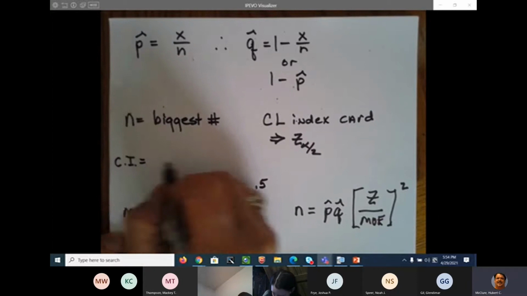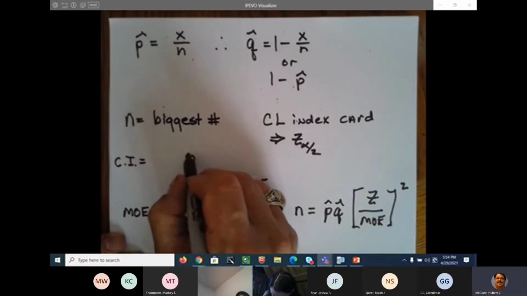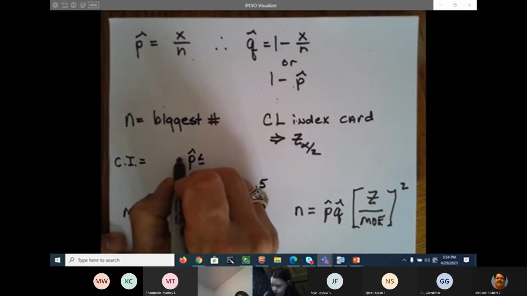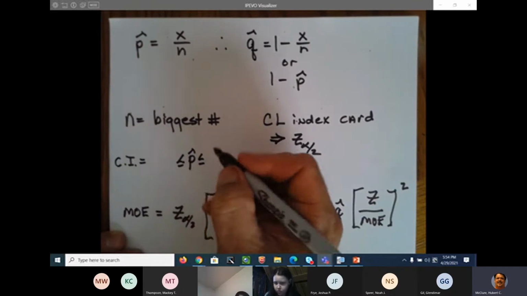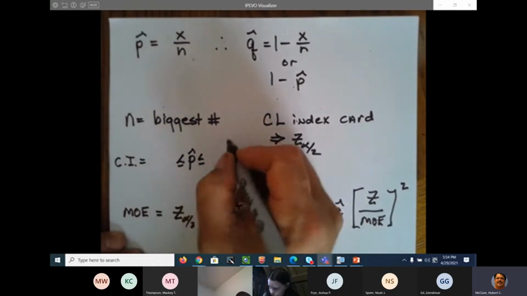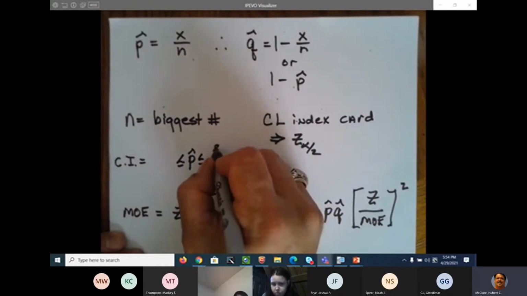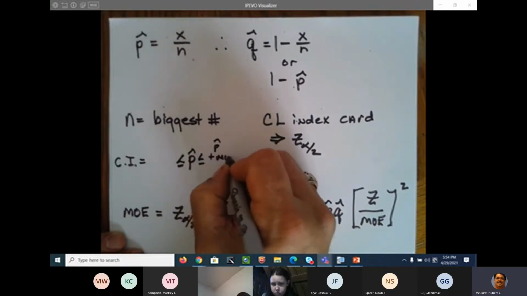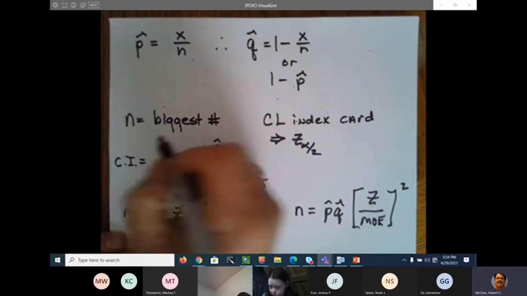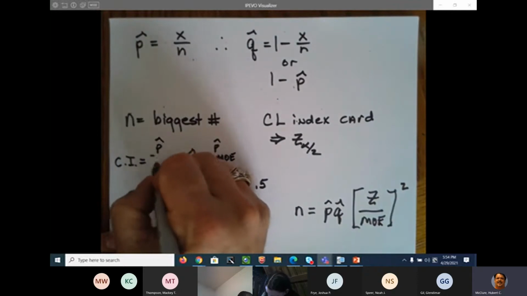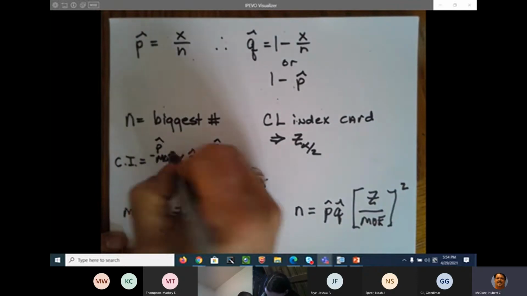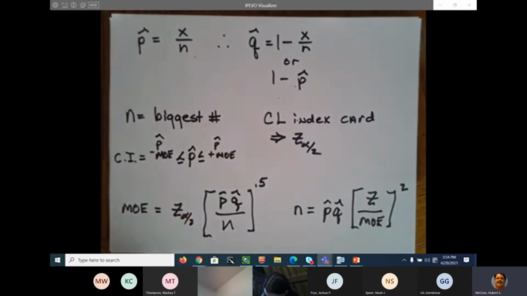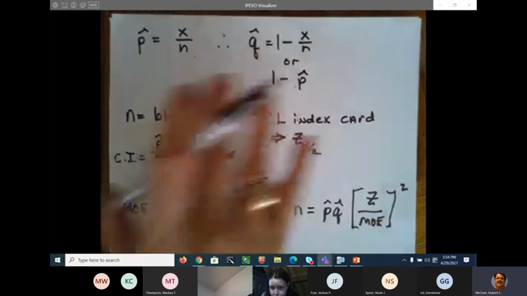And that's equal to p hat in the middle, and then p hat plus margin of error, and then p hat minus margin of error. Okay, and that's all of 9.1.